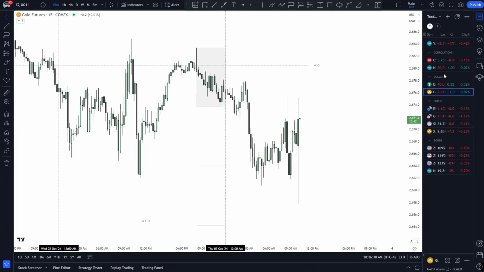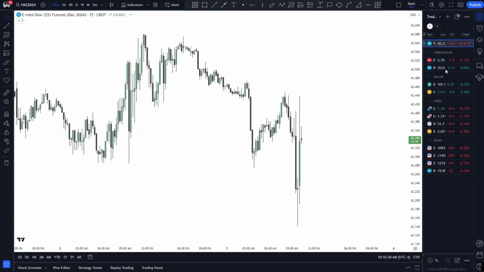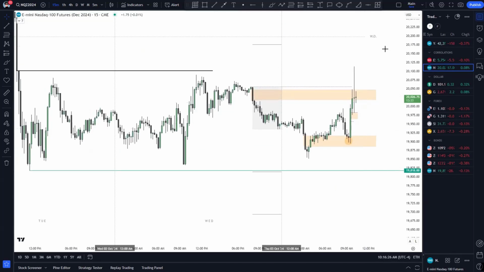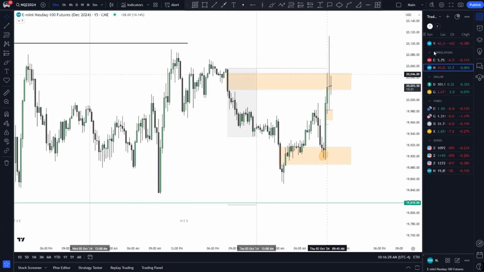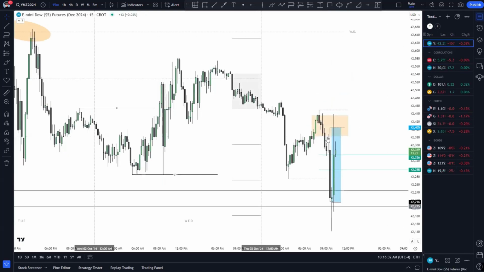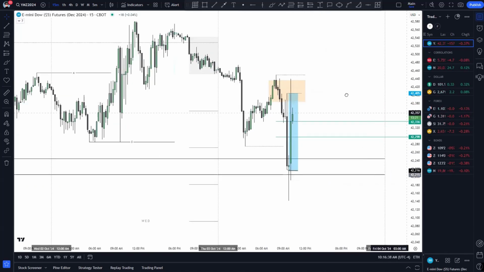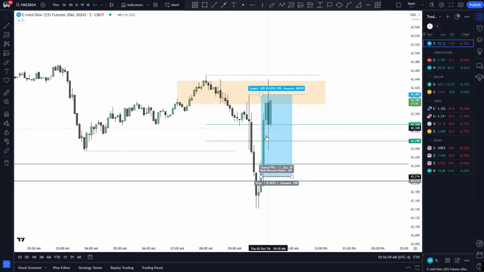Basically every market, every index: called the high on S&P, called the move higher on NAS, and called the reversal we were going to trade on the Dow Jones. Came down to this fair value gap level.